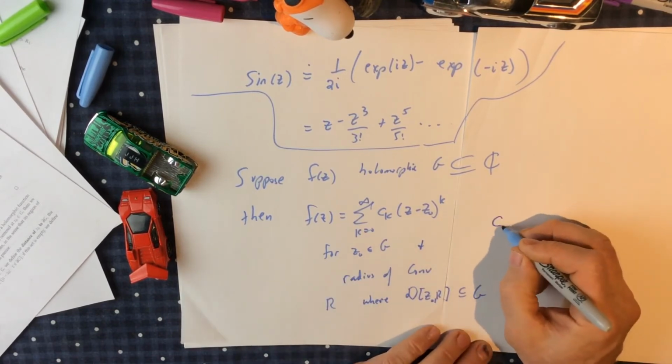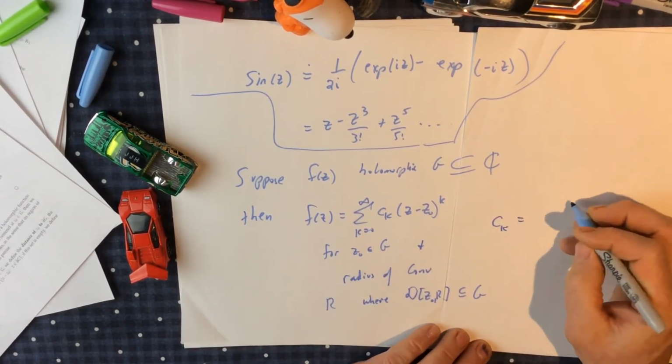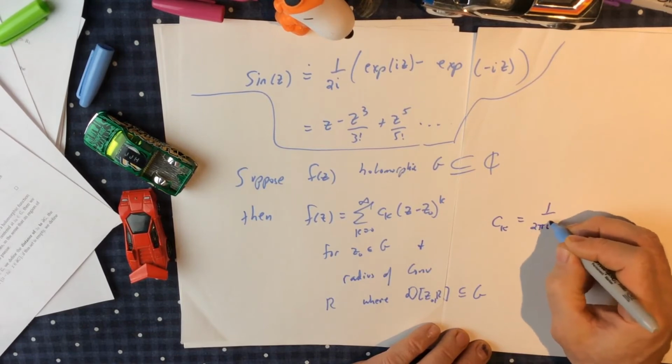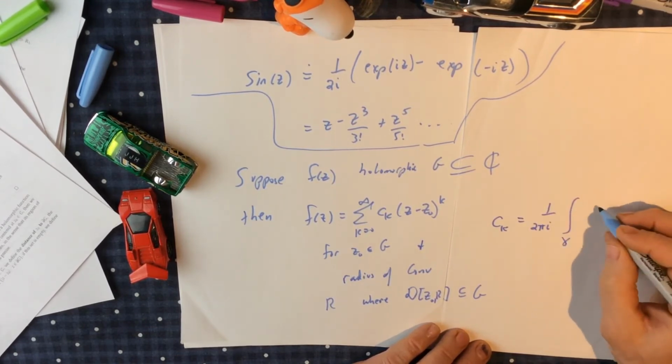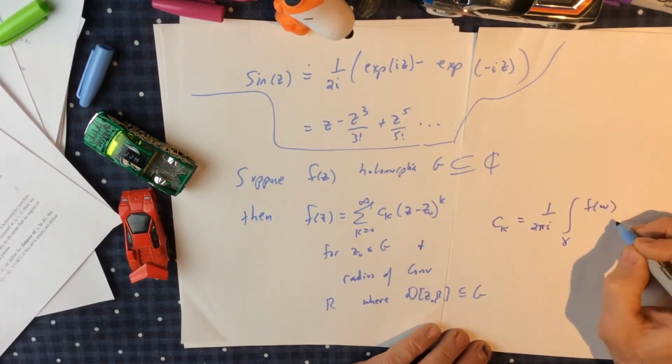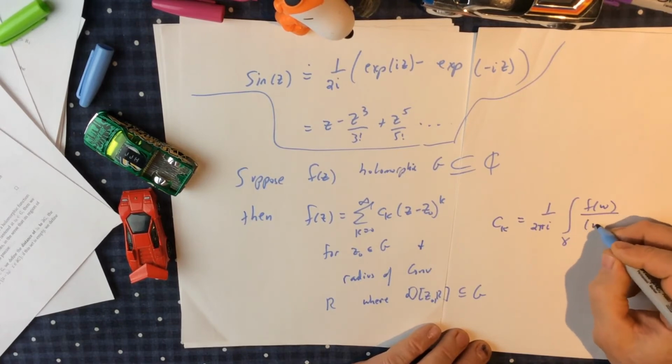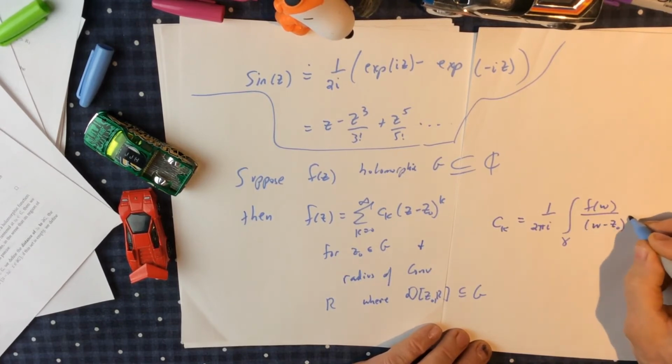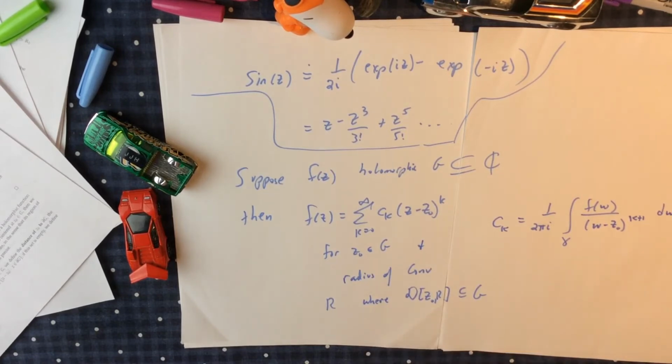So now our c k's are going to be 1 over 2 pi i, the integral over gamma of f of w over w minus z naught to the k plus 1 dw.